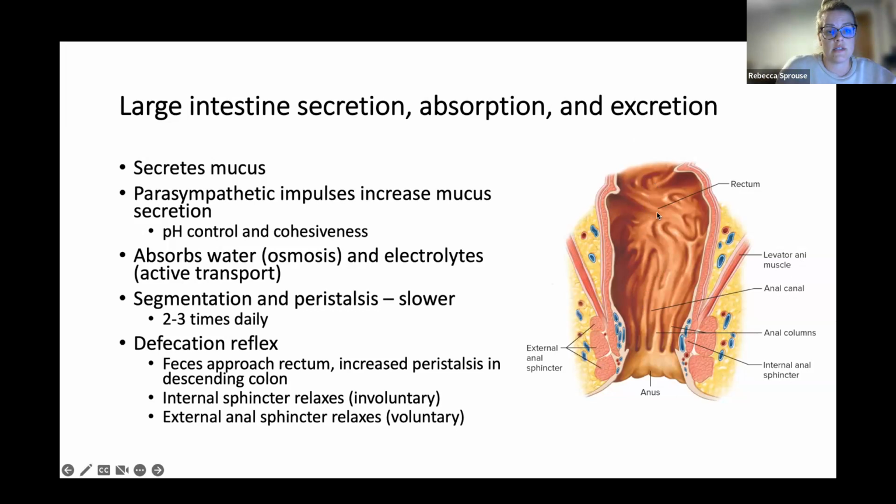That force is going to relax the internal anal sphincter, which is here. That is an involuntary sphincter. So that one is going to relax. That's going to be your urge or your pressure. And then the sphincter that you have control over, which is a larger sphincter, the external anal sphincter, that one's voluntary. And that's when you are ready to have a bowel movement. That one will relax and then you can defecate.